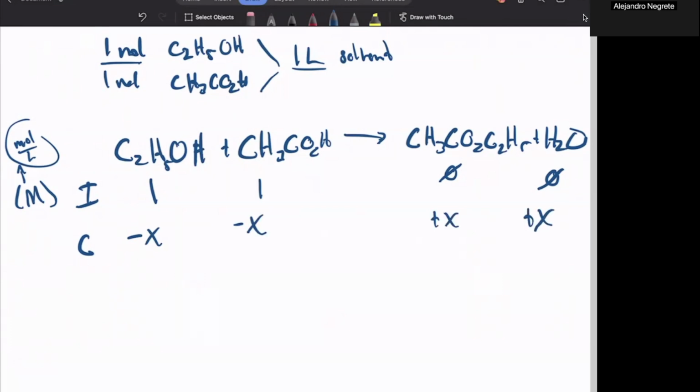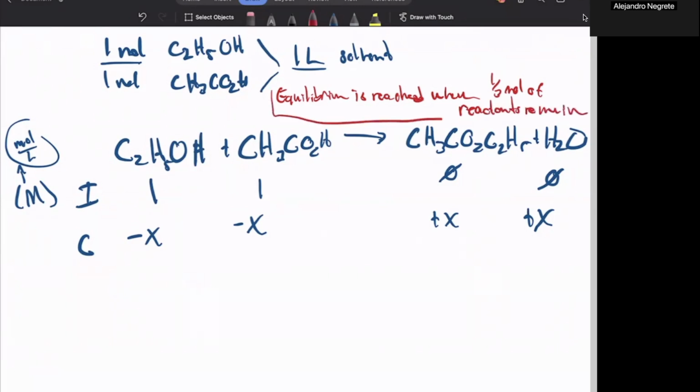Now, in this problem, equilibrium is reached when 1/3 mole of the reactants remain.